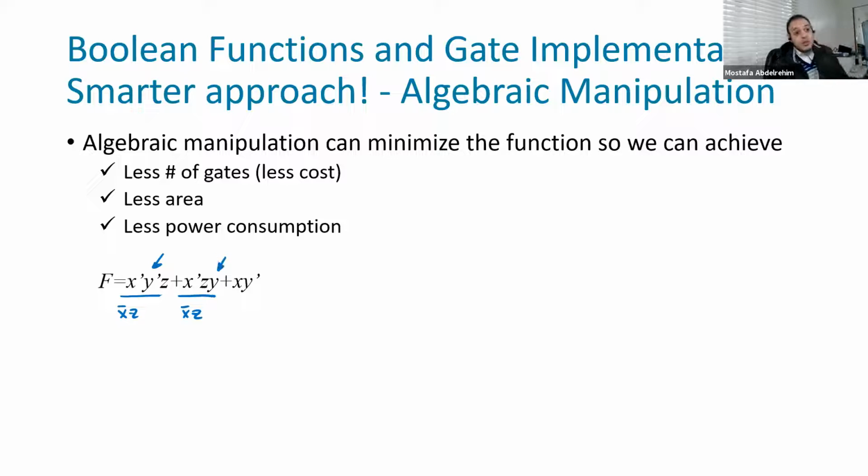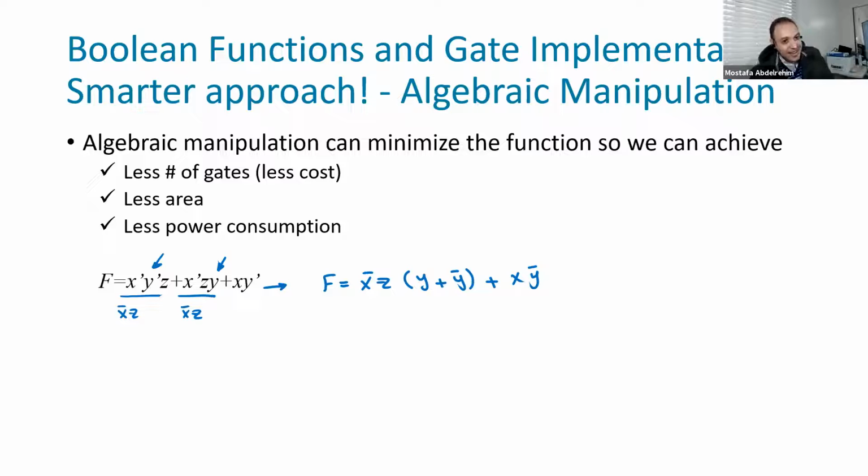Good. So just like the normal algebra that we knew, we can take x bar z as a common factor. This is actually the distributive property, but in an opposite way. So basically here, f equal to x bar z, then y or y bar, then or x y bar.